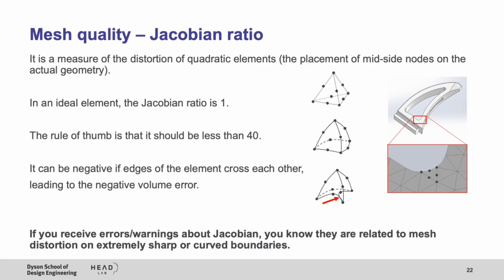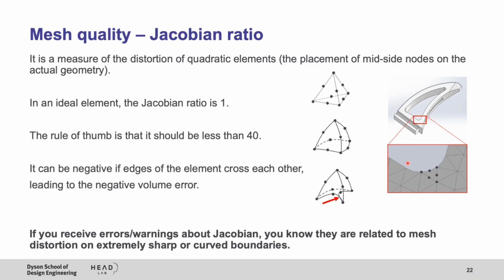Another mesh quality metric is called the Jacobian ratio. And now hopefully you will appreciate why I spent a few slides to explain what the Jacobian matrix and Jacobian are. Jacobian ratio is a measure of the distortion of quadratic elements. Essentially it is related to the placement of mid-side nodes on the actual geometry.